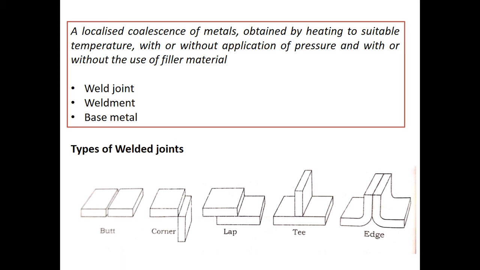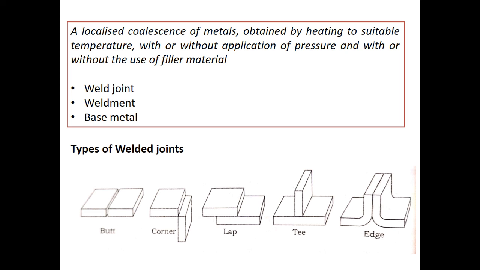With or without application of pressure and with or without the use of filler material. So that is a formal definition of welding: a localized coalescence of metals, where the coalescence is obtained by heating to a suitable temperature with or without application of pressure and with or without the use of filler material.